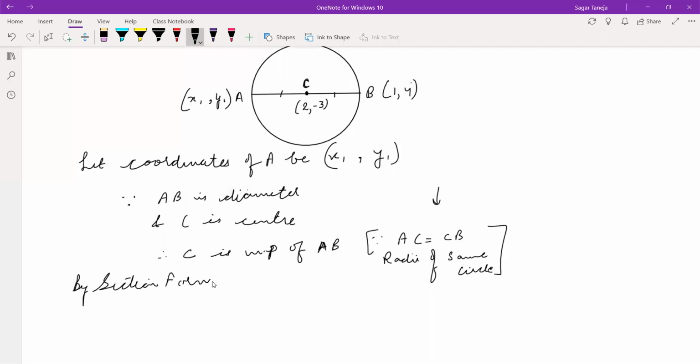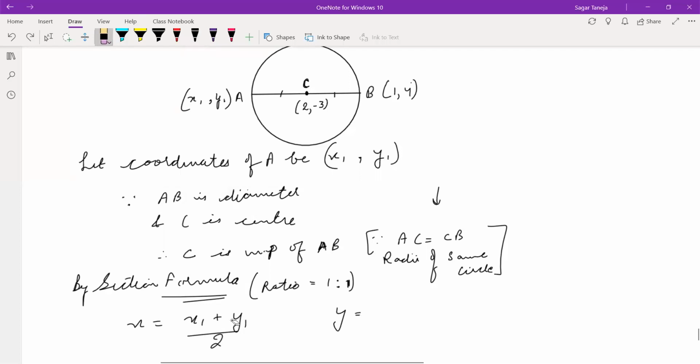Bisection formula with ratio 1:1. So x is equal to x1 plus x2 upon 2 and y is equal to y1 plus y2 upon 2.